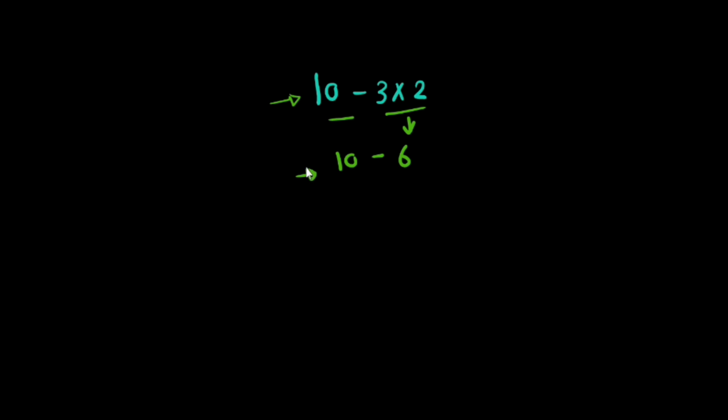D for divide, I have no division. A for Aunt, I have no addition here. S for Sally, subtraction: 10 minus 6 is 4, and this is the right answer.